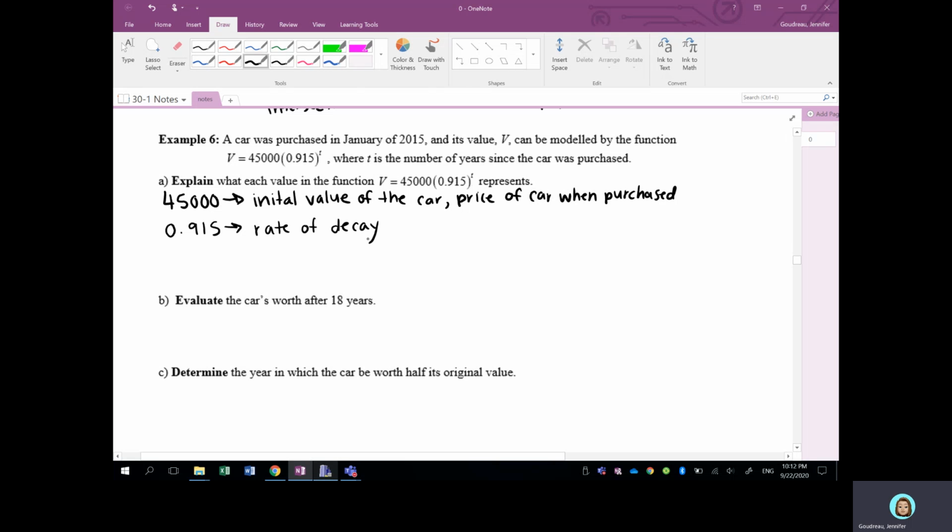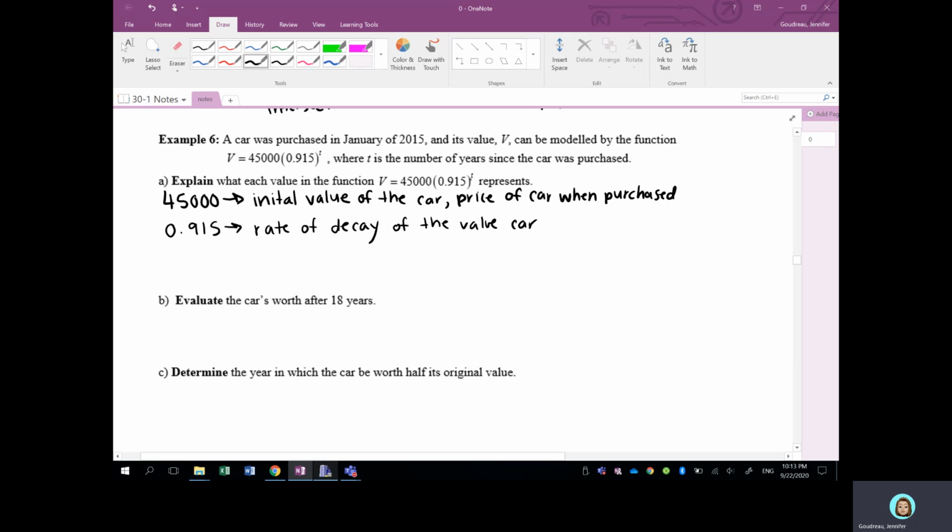But that also is not specific enough. So it's the rate of decay of the value of the car. And again, not quite specific enough. What is that rate? So here's where we need to be really, really careful with our base and stating the rate of decay. Our base is 0.915.